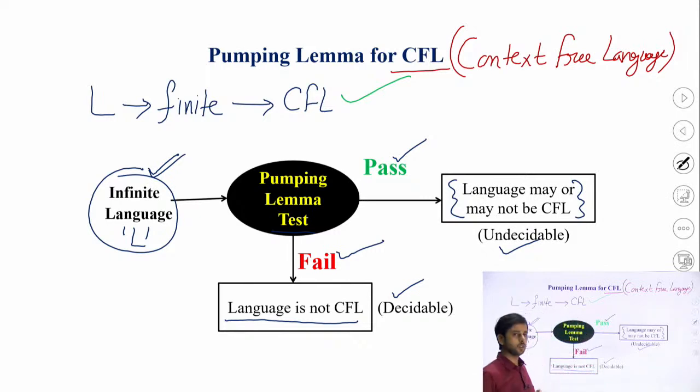There is no such algorithm to identify that a language is CFL or not CFL. But for a language not being CFL, there is the pumping lemma test. If it fails, the language is not CFL.